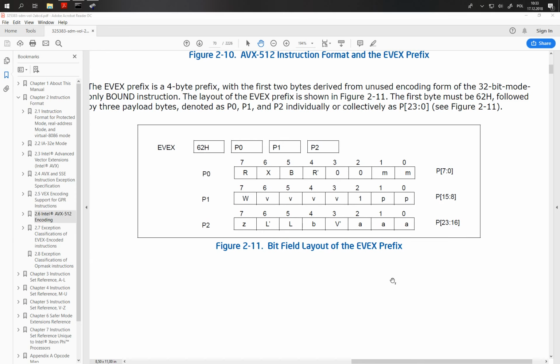Yeah, EVEX seems very unpleasant. It is in fact even more unpleasant than it appears to be just looking at this. For example, some bits like this one can mean different things depending on context.